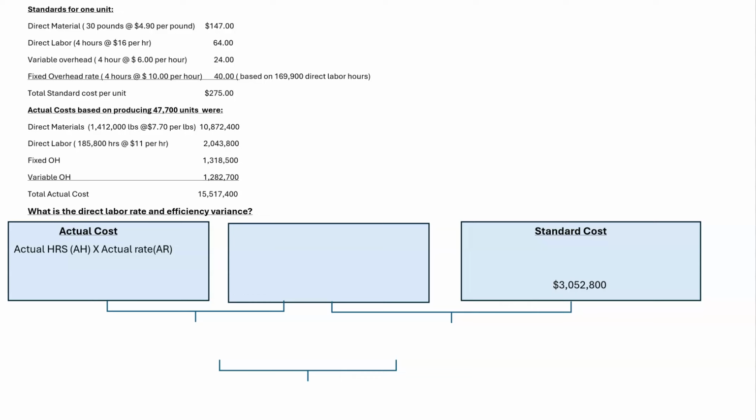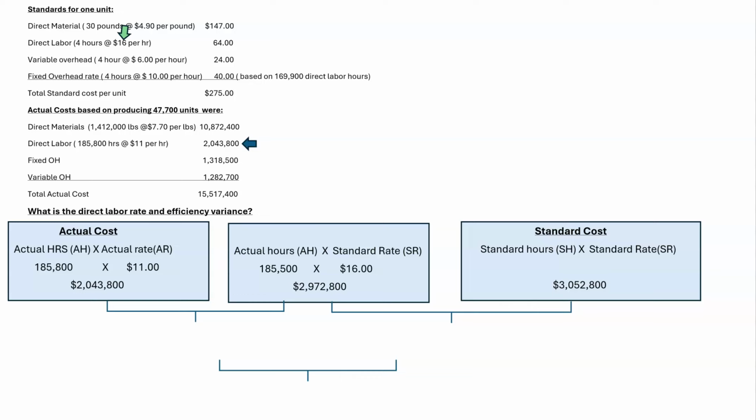Now let's take a look at the direct labor variance. So first we're going to look at the actual hours times the actual rate. And we get the 2,043,800, which is shown up here. Then we're going to compare the actual hours times the standard, and we get 185,500 times 16.